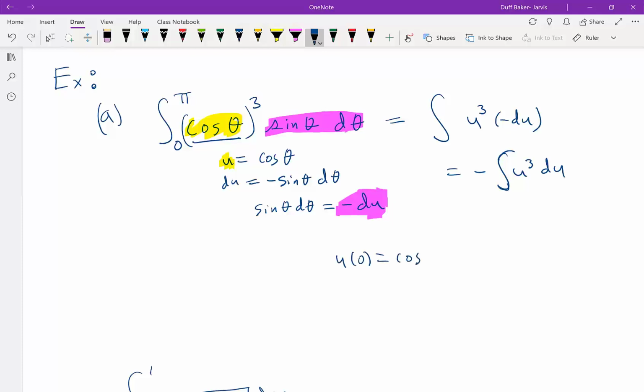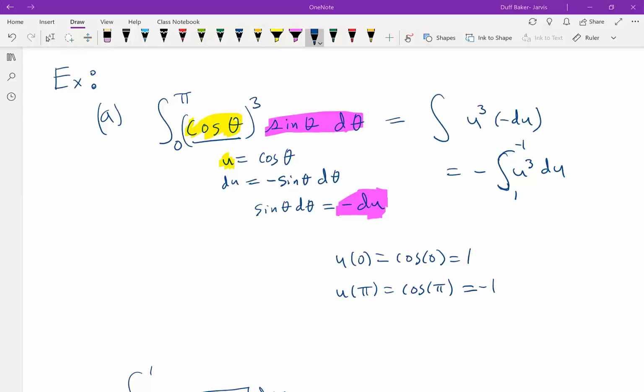That would be cosine of 0, which is 1. U of pi would be cosine of pi, which is -1. So we'd have from 1 to -1. And that might feel a little weird because -1 is smaller than 1. So you could switch the bounds and put another negative and make it positive, but it'll work out regardless of how you do it. This is just perfectly fine.